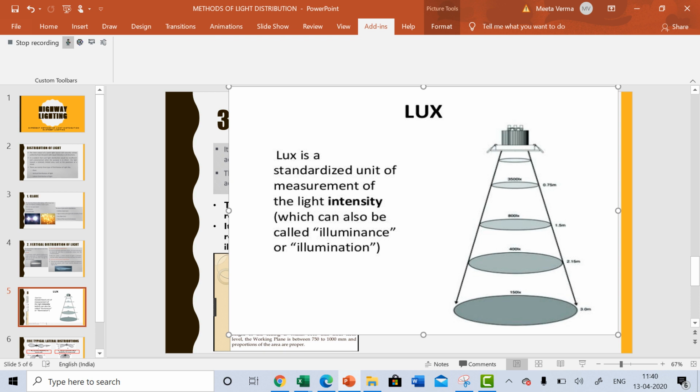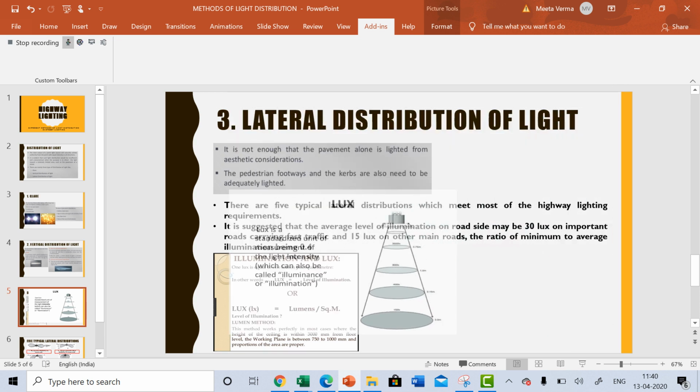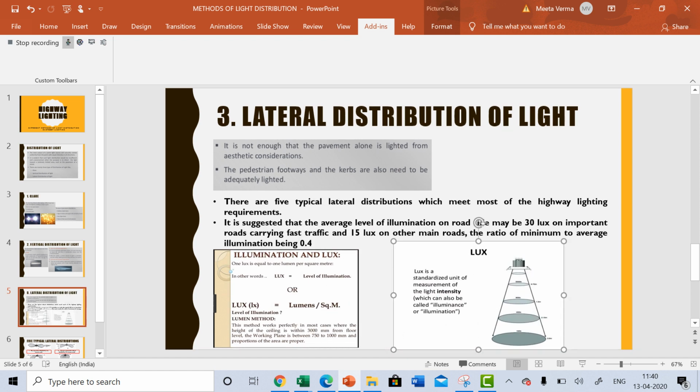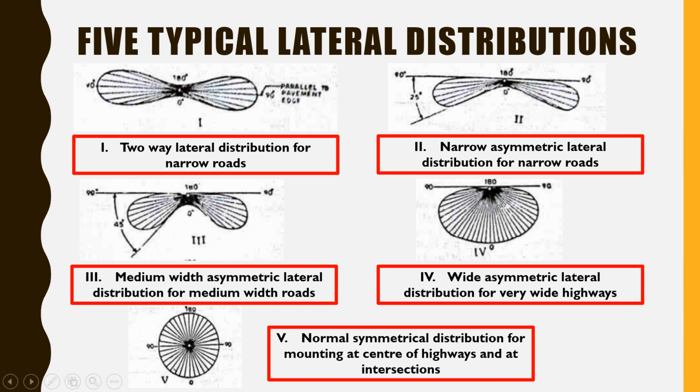Here at 3 meter distance it is 150 Lx, at 0.75 meter distance it is 3500 Lx. So now we can imagine what should be the intensity of 30 Lx that is recommended by the Indian Roads Congress: for all important roads carrying fast traffic it should be 30 lux, and on main roads it should be 15 lux.